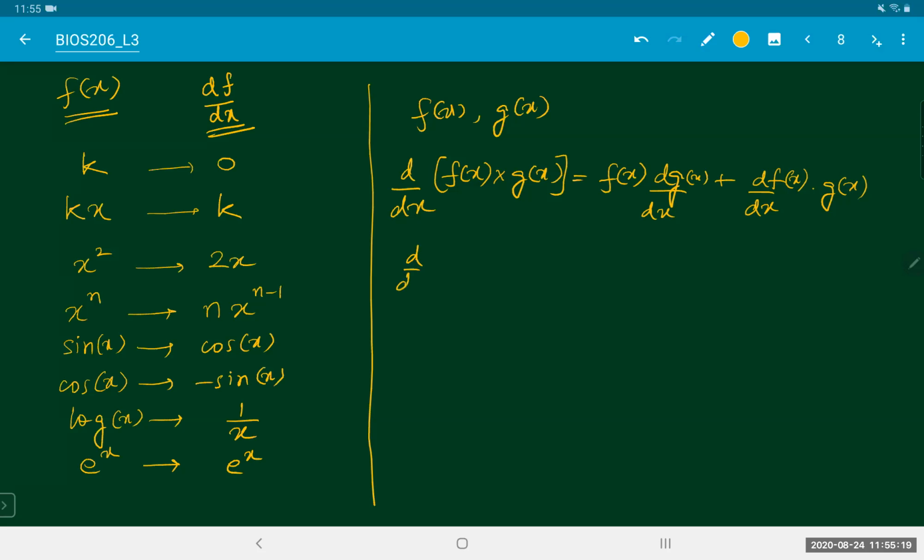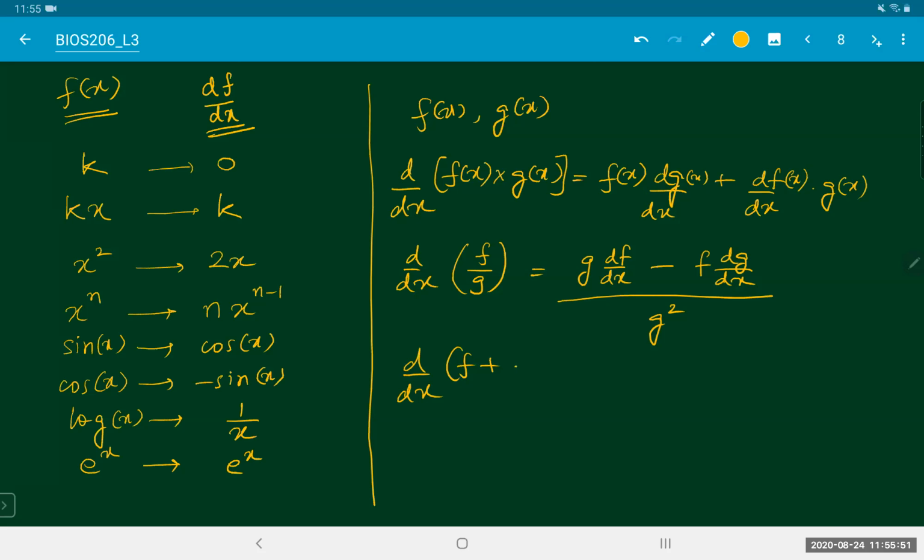If you have not the product, but the ratio of the two, then this becomes g df by dx minus f dg by dx, divided by g square. And if you have a sum of two functions, then the derivative is just the sum of the derivatives.